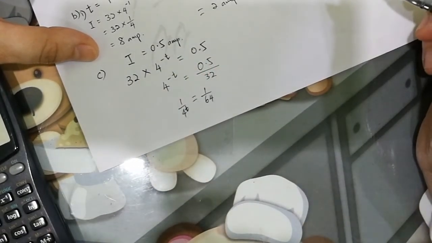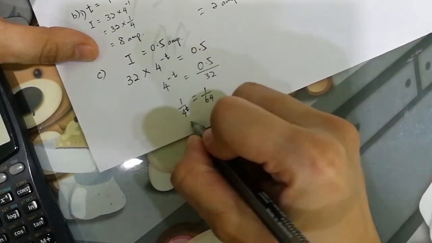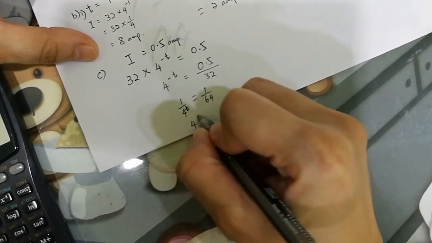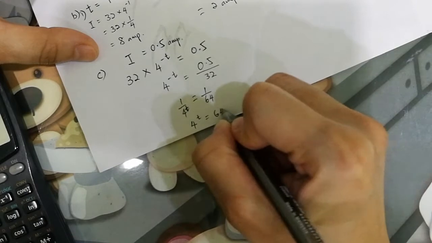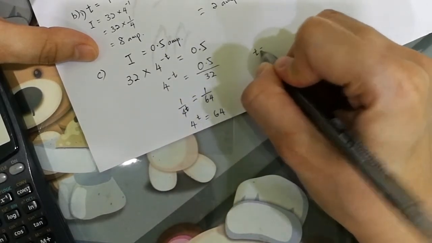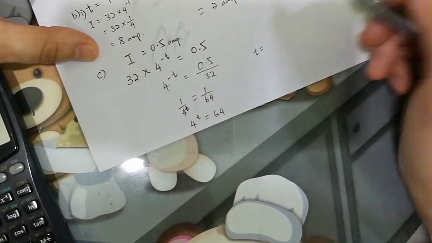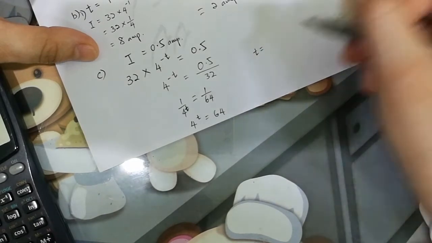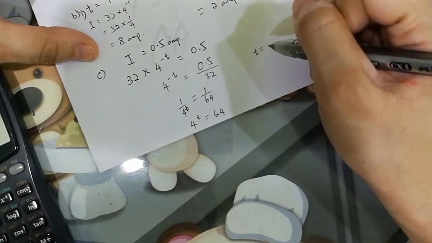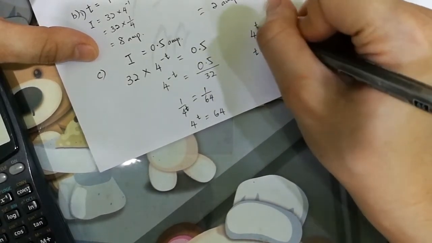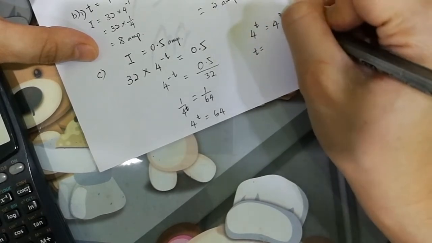So that means 4 power t equals 64. So t equals... 4 power 4 is 64? Or 4 power 3. Okay, 4 power 3.